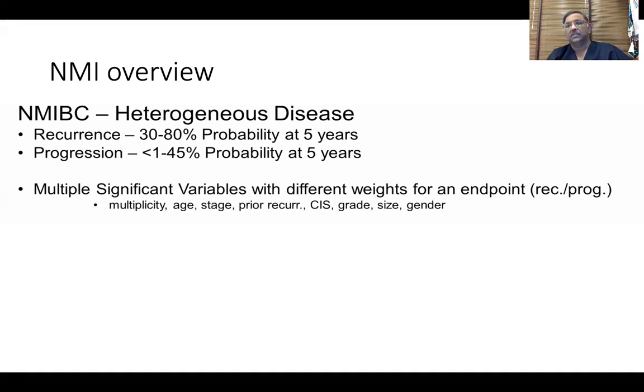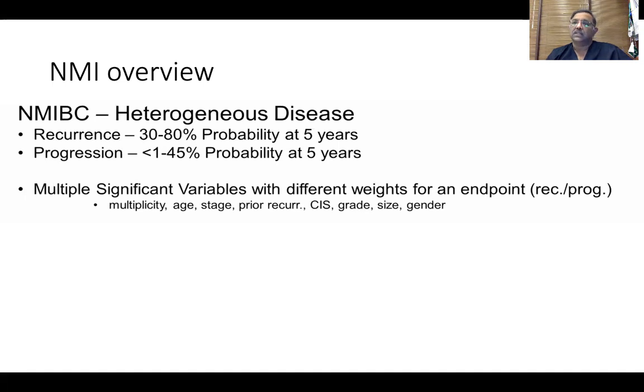The factors which are responsible for these two events are, number one, the multiplicity, age, stage, prior recurrence rate, carcinoma in situ, grade, size of the tumor. In one of the models, the Kyoto model, has also used gender as a variable.